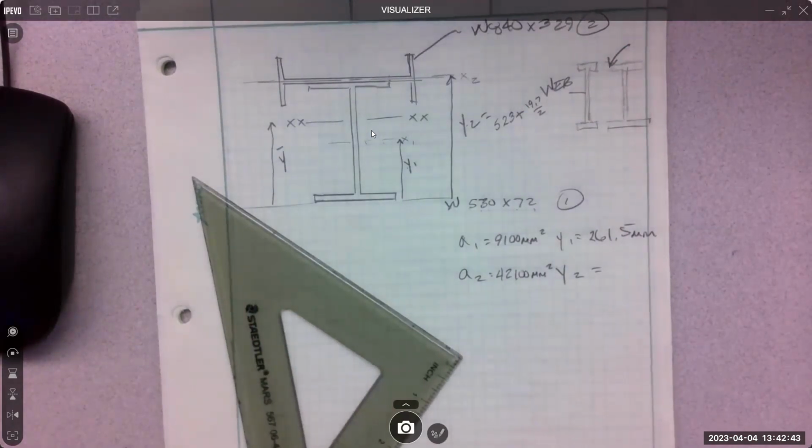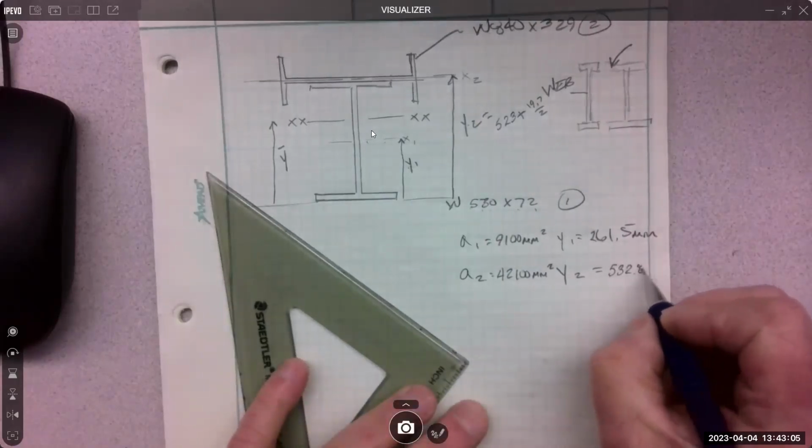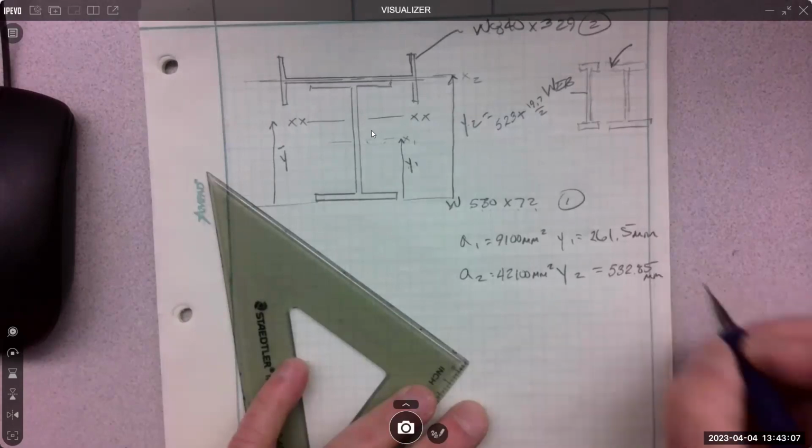So tricky. Big drawings are good. They're going to help you. So what is that? 523 plus... 532.85.